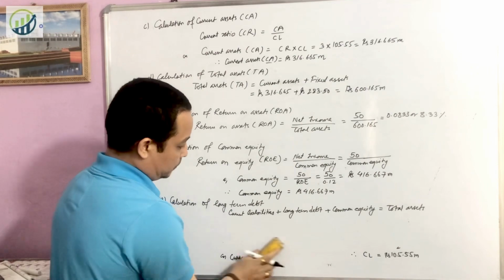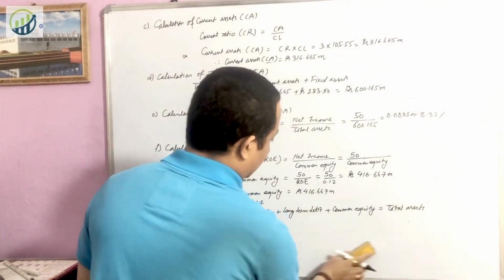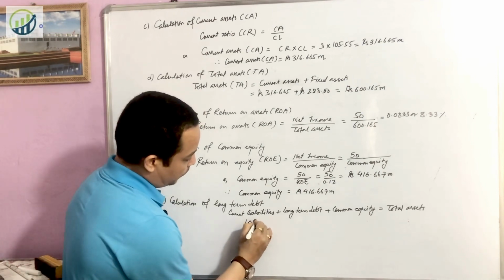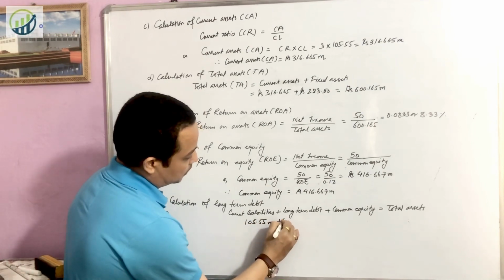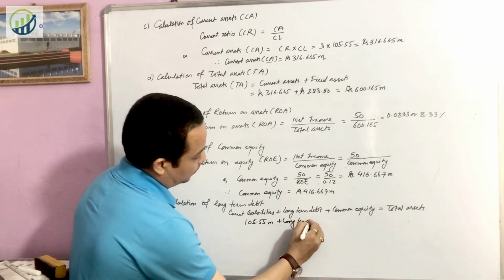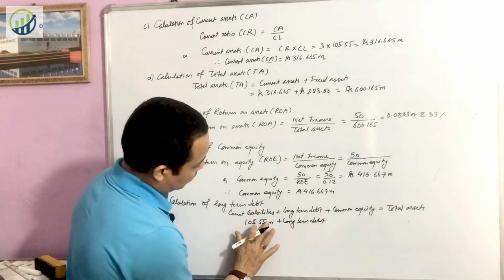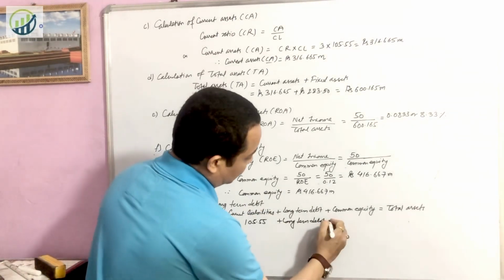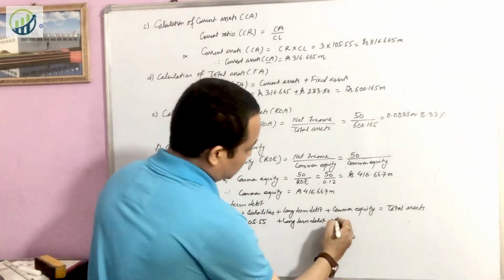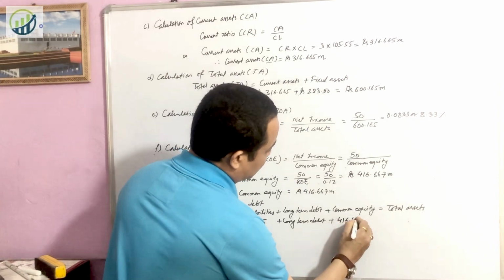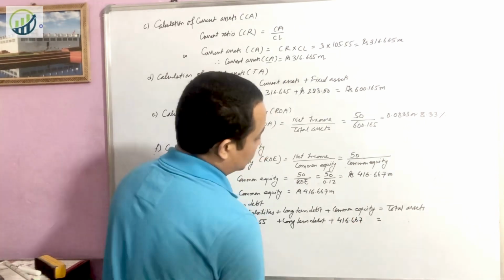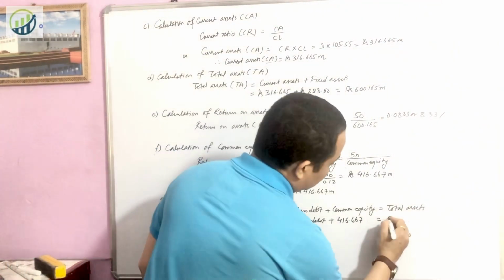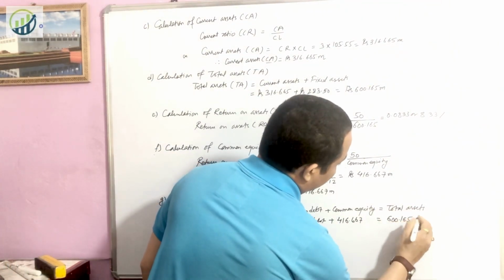So now let's put the values. Current liability is 105.55 million plus long-term debt. No need to write the units each time, just write million here. Plus common equity is 416.667 million, and total asset is 600.165 million.